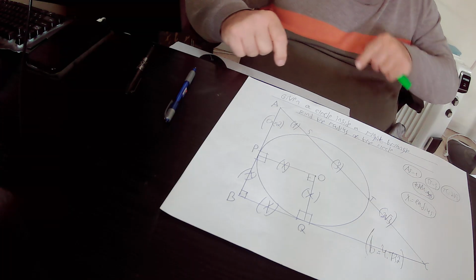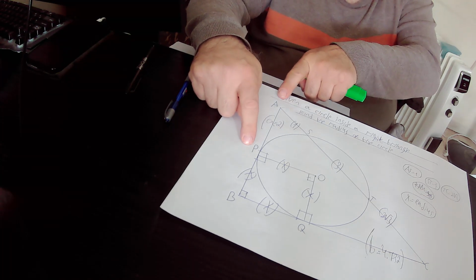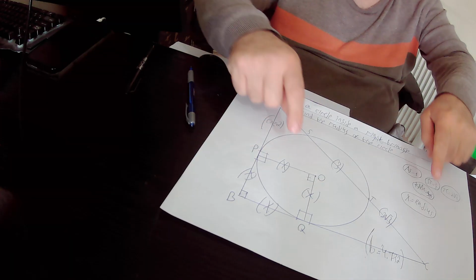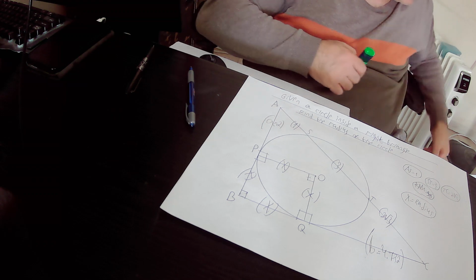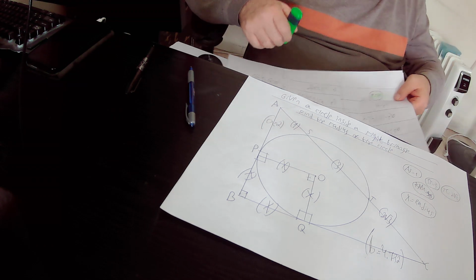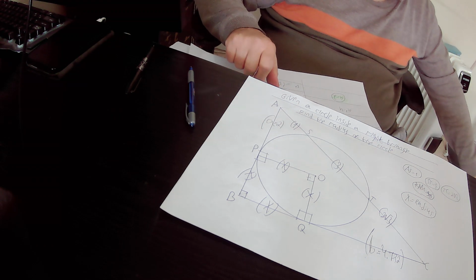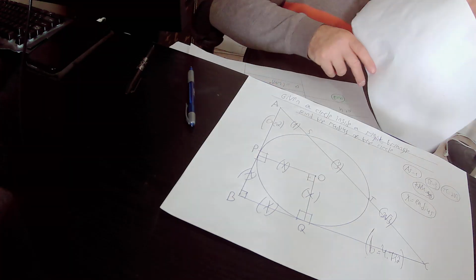In the next step, we define the length of this line segment AP as A, and we define the length of this line segment QC as B. Here we implemented rule 10. Let me quickly repeat rule 10.